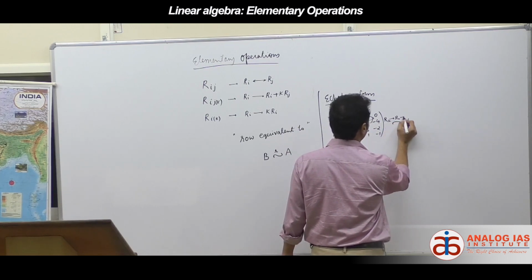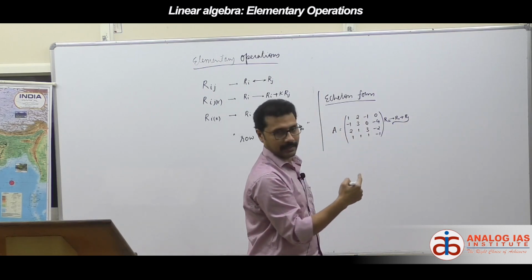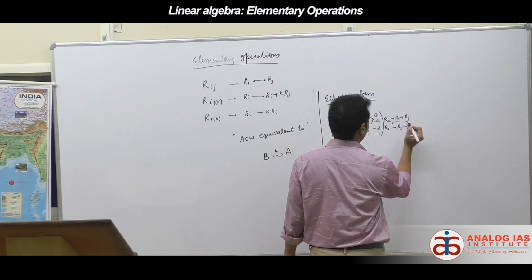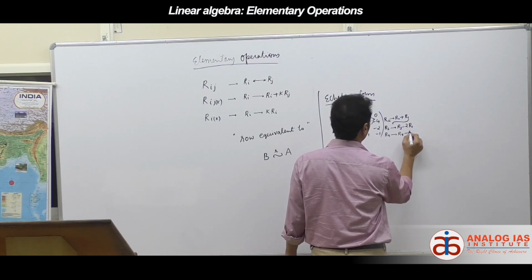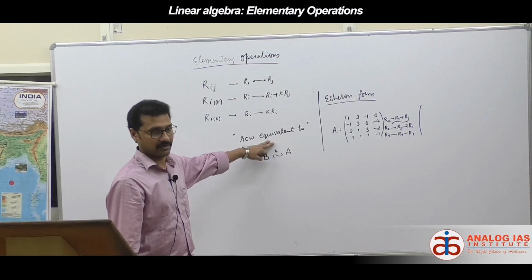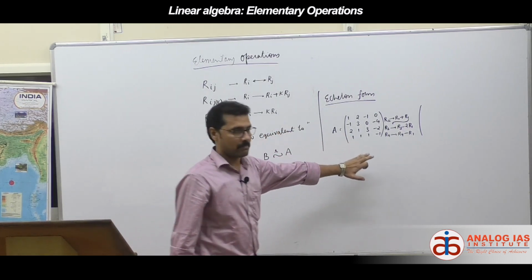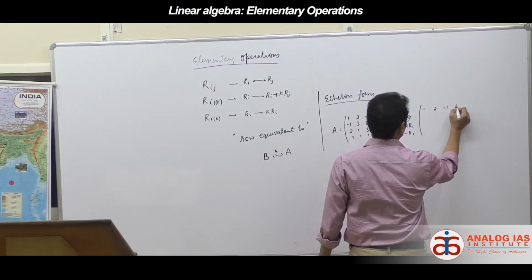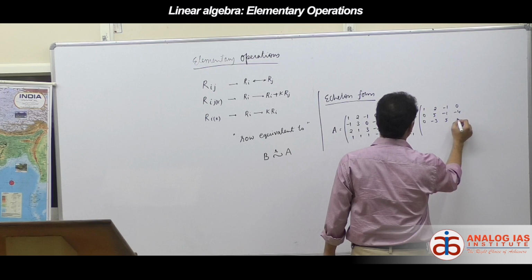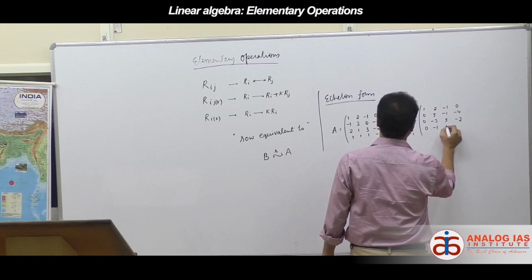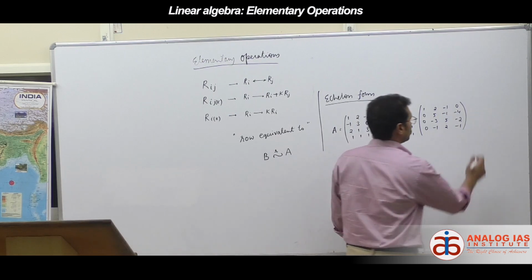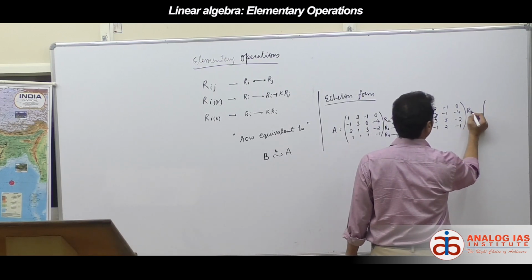Row 2 becomes row 2 plus row 1, an elementary row operation, and then row 3 becomes row 3 minus 2 times row 1, and row 4 becomes row 4 minus row 1, which gives me another matrix, a row equivalent matrix. 1, 2, -1, 0; then the addition gives 0, 5, -1, -4; and so on for the other rows.